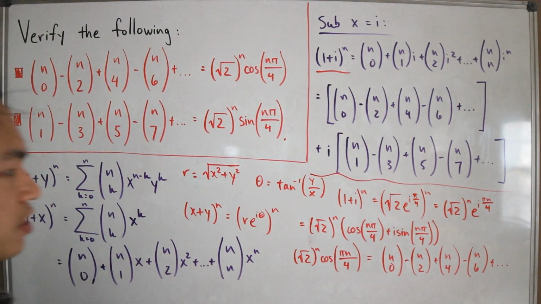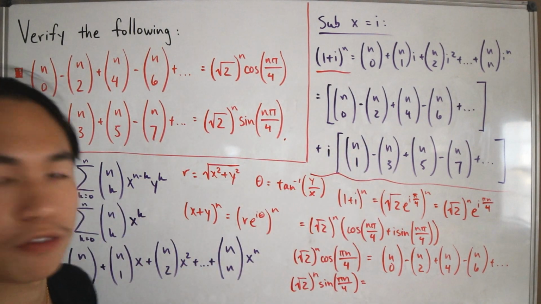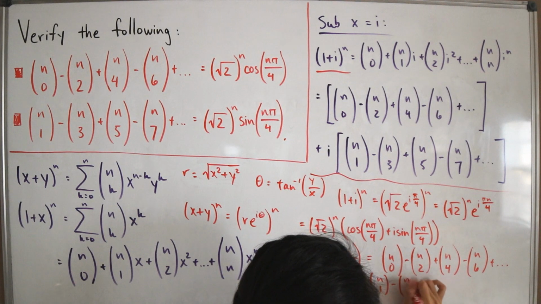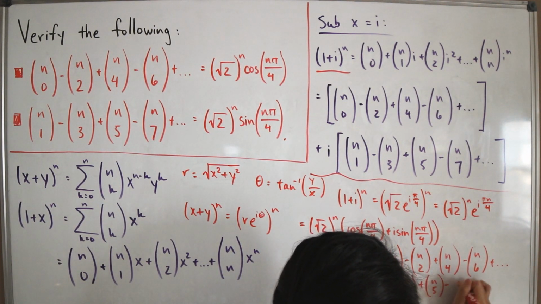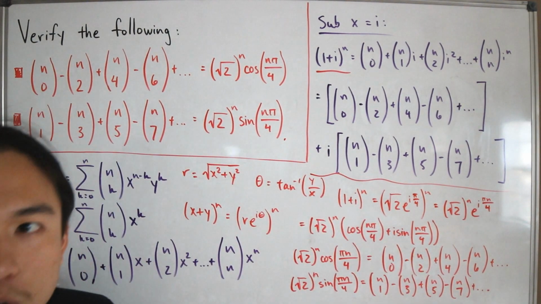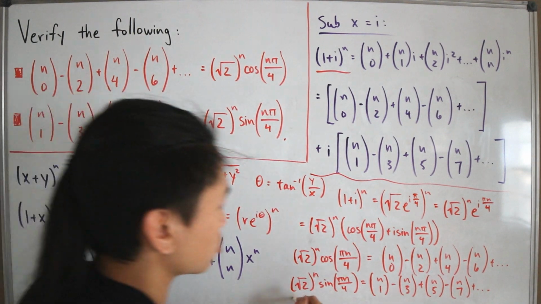And then the other is that the square root of 2 to the power n times sine of pi times n divided by 4 is equal to everything in terms of the odd indices: n choose 1 minus n choose 3 plus n choose 5 minus n choose 7, and so on and so forth. And so that completes our proof for verifying these two identities, just like that.